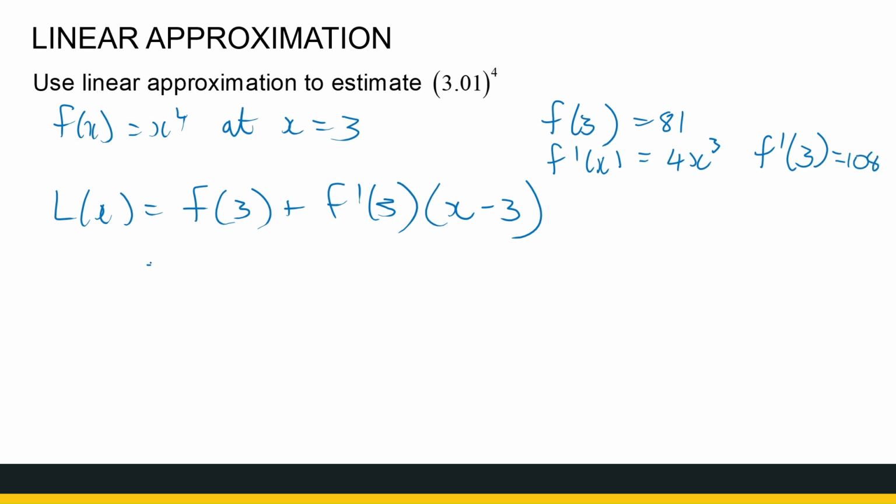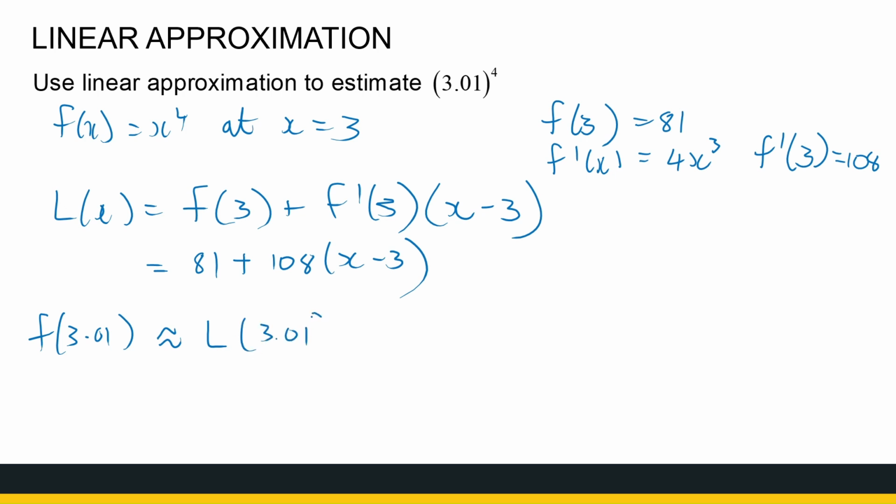So my linear approximation is 81 plus 108 times x minus 3, which means f at the point 3.01 is going to be approximately the same as the linear approximation at 3.01.